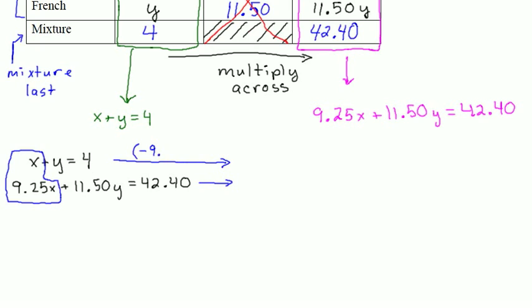And I'm going to do that by multiplying this top equation by negative 9.25, so that I get negative 9.25x minus 9.25y equals 4 times 9.25 is going to be negative 37. I'll go ahead and write that as 37.00 so that it'll line up with the term I'm trying to combine it with.